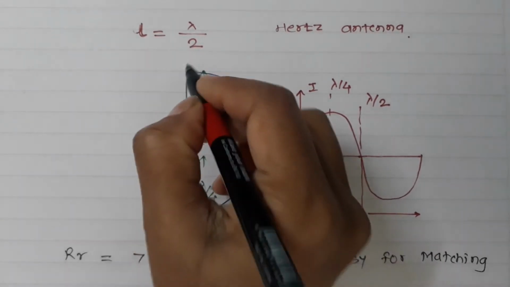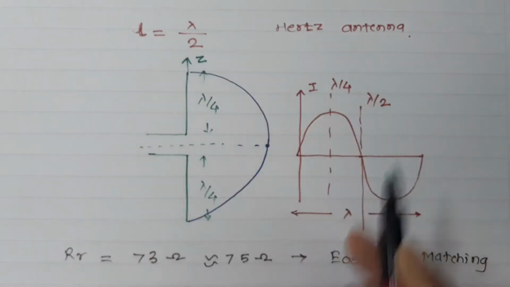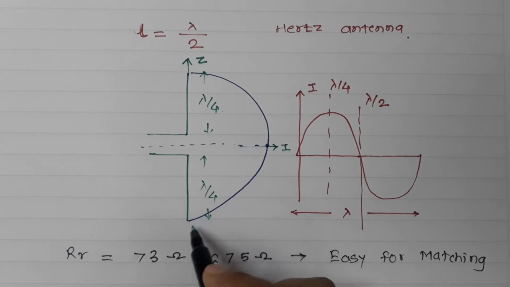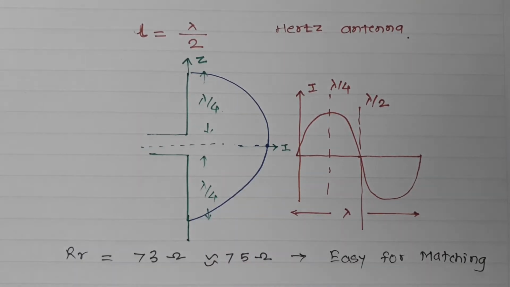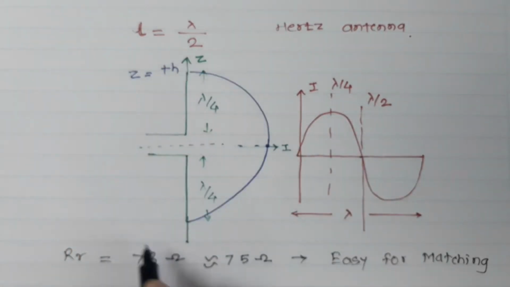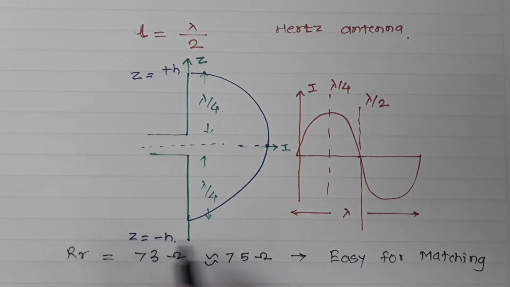Here this is the z axis, and this is the direction of the current. The length of the antenna goes from z equal to minus h to z equal to plus h.